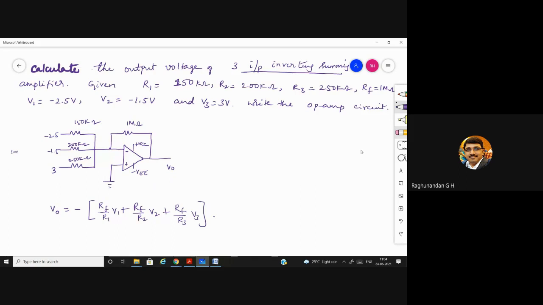Otherwise, we can just use it here only to cancel the terms. So substitute the values and let me know what is the output voltage. The RF value is given as 1 mega. R1, R2, R3 are given and V1, V2, V3 are given. Substitute it and give me the answer.